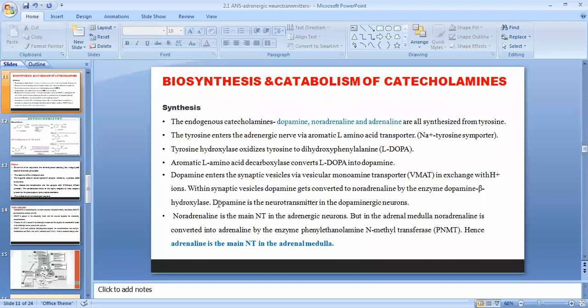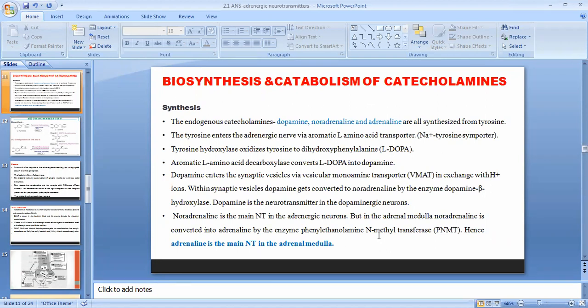See, the neurotransmitter is formed, but it is specific in nature for which type of receptors? Dopaminergic neurons. Then noradrenaline is the main neurotransmitter in the adrenergic neuron, but in the adrenal medulla, noradrenaline is converted into adrenaline by the enzyme phenylethanolamine N-methyl transferase. Noradrenaline means norepinephrine and adrenaline means epinephrine.